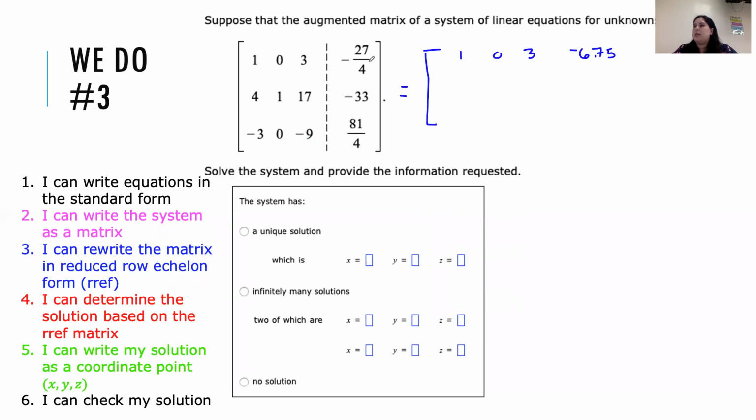You could have also written negative 27 over 4. And then 0, 1, 5, negative 6. And then 0, 0, 0, 0. So this is my reduced row echelon form.